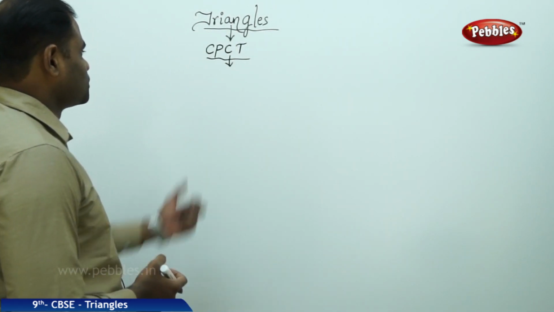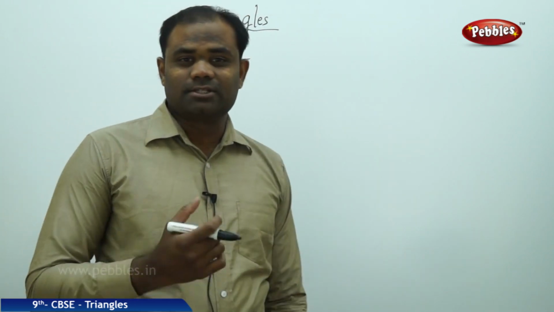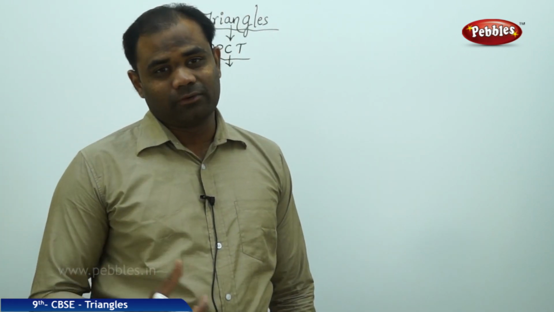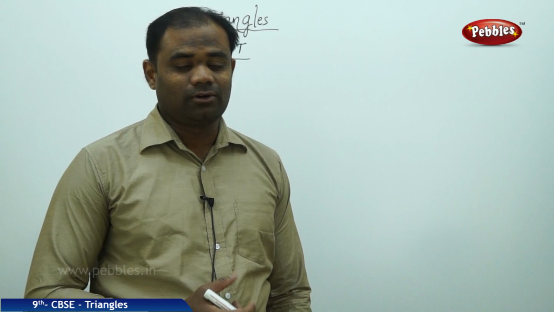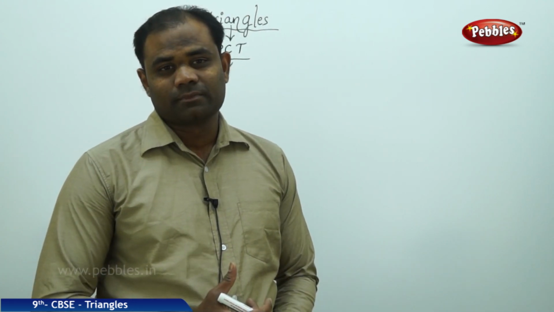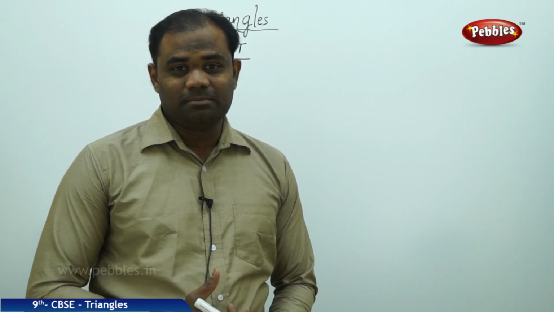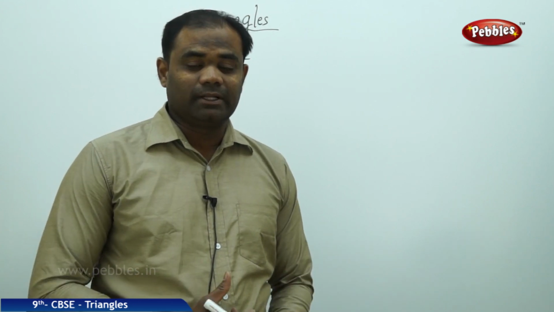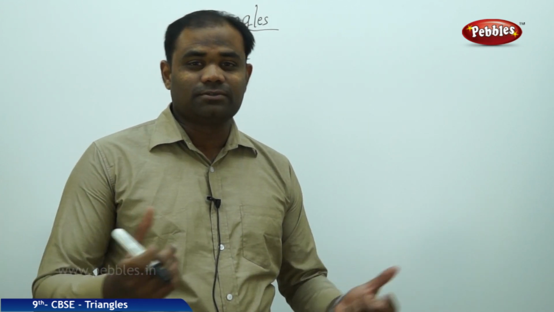Most of the times we use this concept or term in proving congruency of two triangles or congruency of two objects. So let's see in brief the CPCT property connecting the congruency of two triangles.